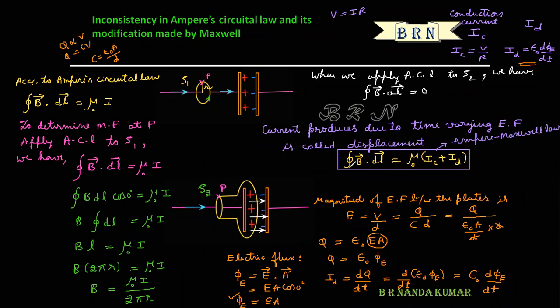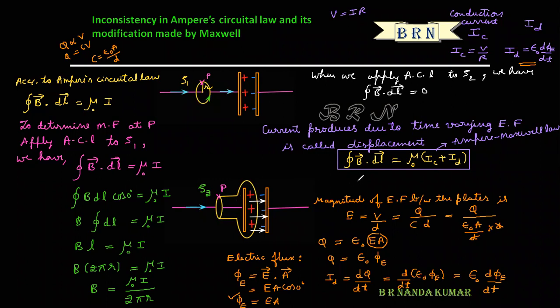The line integral of magnetic field around any closed circuit or closed surface is equal to mu naught times the sum of the conduction current and the displacement current.